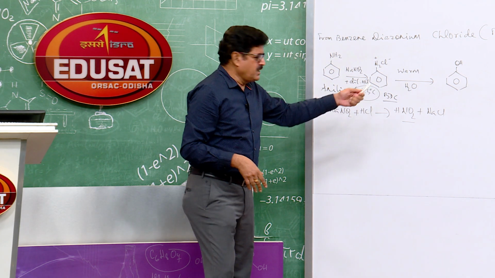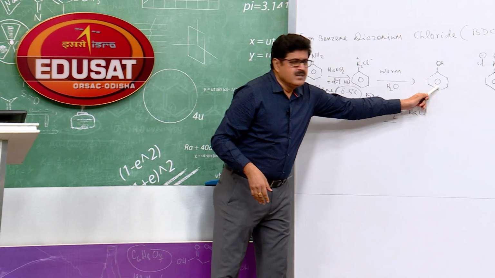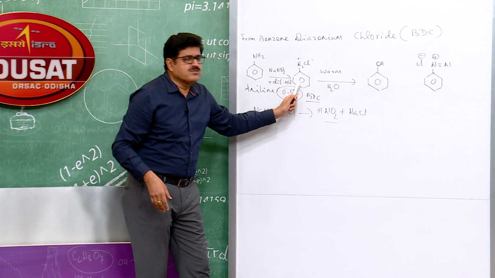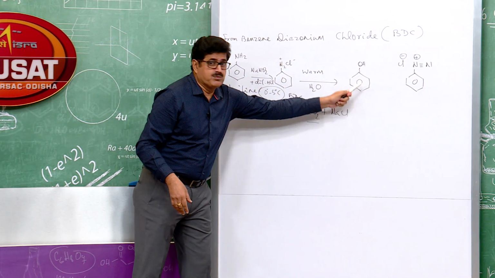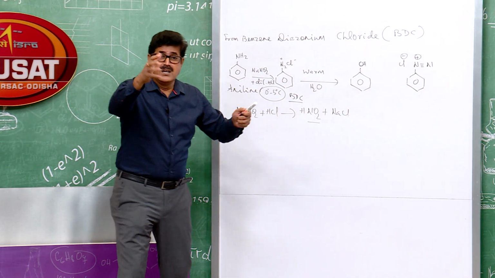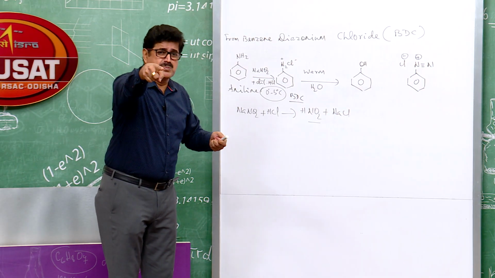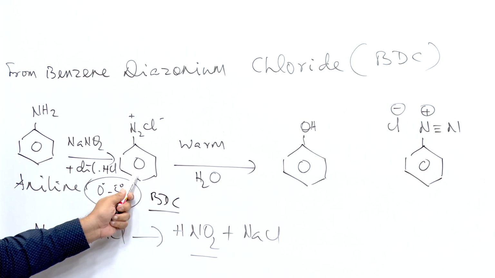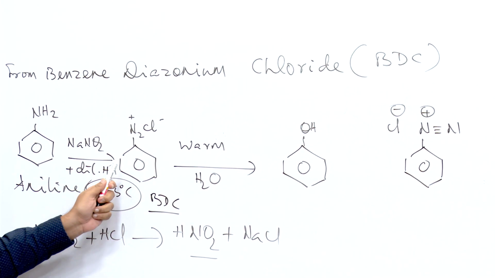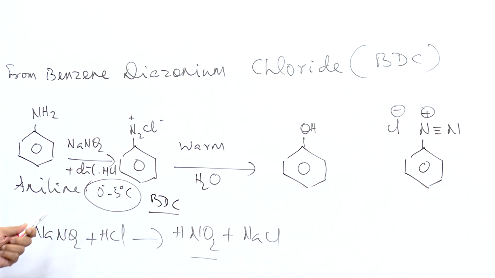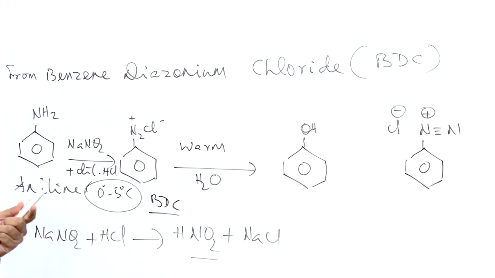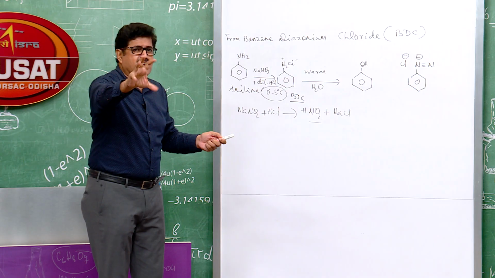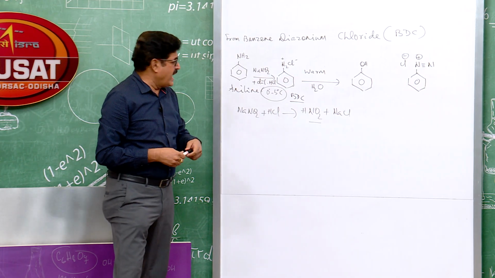Phenol is the product, and you are asked what B is, which gives phenol when treated with warm water. Whenever you find B treated with warm water gives phenol, B is BDC, benzene diazonium chloride. And for B from A, whenever you find NaNO2 and dilute HCl or HNO2, it is related to diazonium salts.